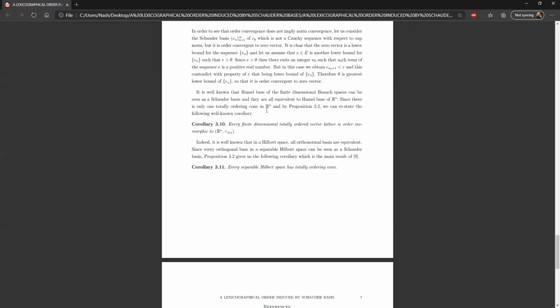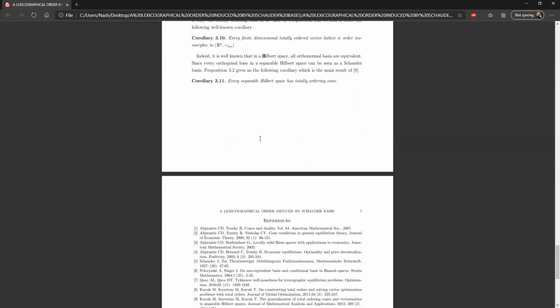Since we have a Hamel base in every vector space, especially in finite dimensional spaces, these Schauder bases are equivalent to Hamel bases in R to the n. So we have a totally ordering cone in R to the n, like Proposition 3.2 above. And we have one more corollary: every finite dimensional totally ordered vector lattice is order isomorphic to R to the n.